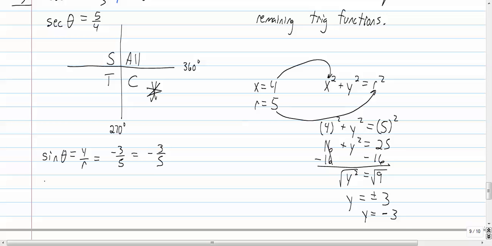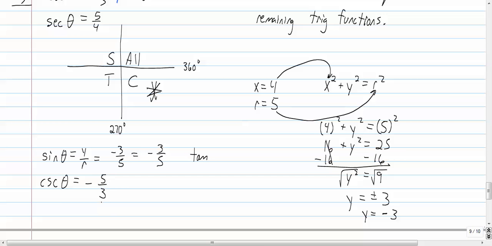Now we can use x, y, and r, or we could use the reciprocal identity to find cosecant really fast. We know that cosecant is the reciprocal of sine. So if the answer for sine is negative 3/5, then the answer for cosecant has to be negative 5/3. You don't change the sign, you just flip the numbers.